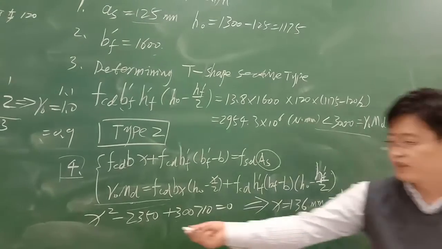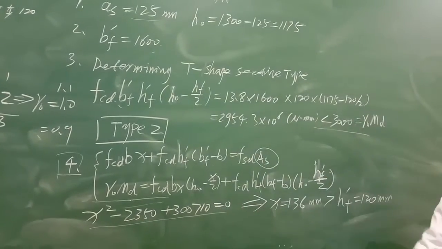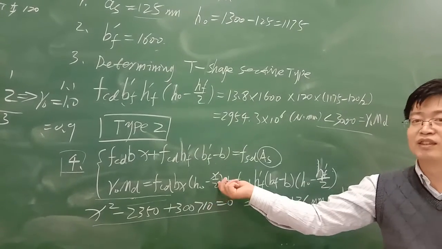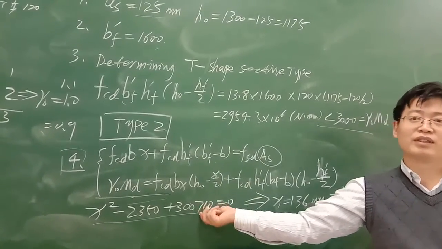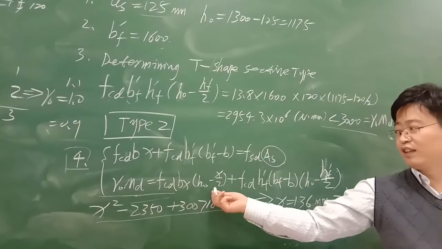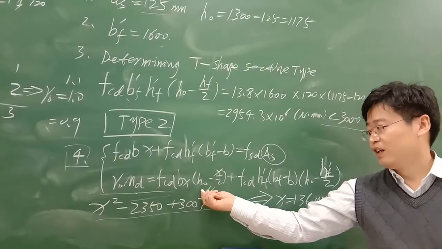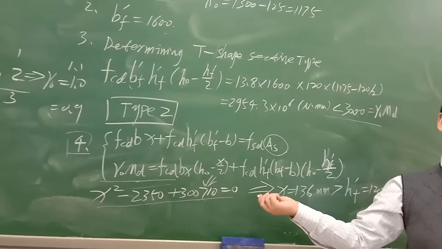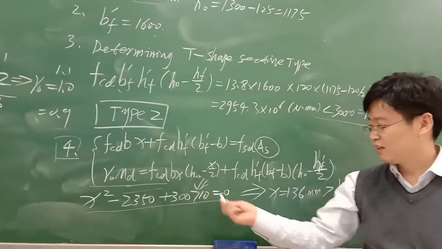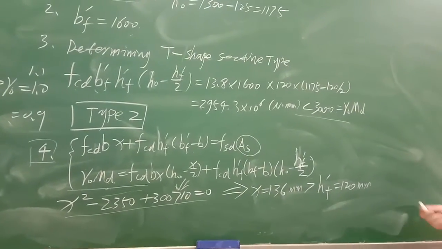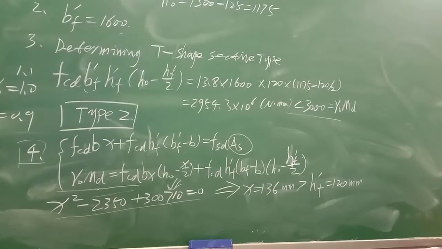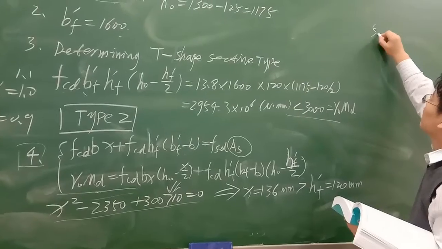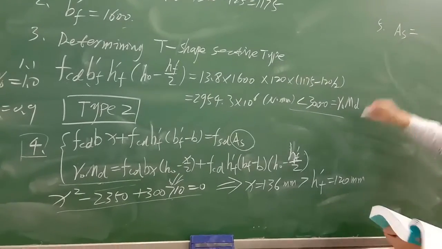So that means it really belongs to type 2. For this equation, you know how we got it. Just put all the values into it, and you finally get this equation. I think there is no question on this. So once you get x, the final step is AS.